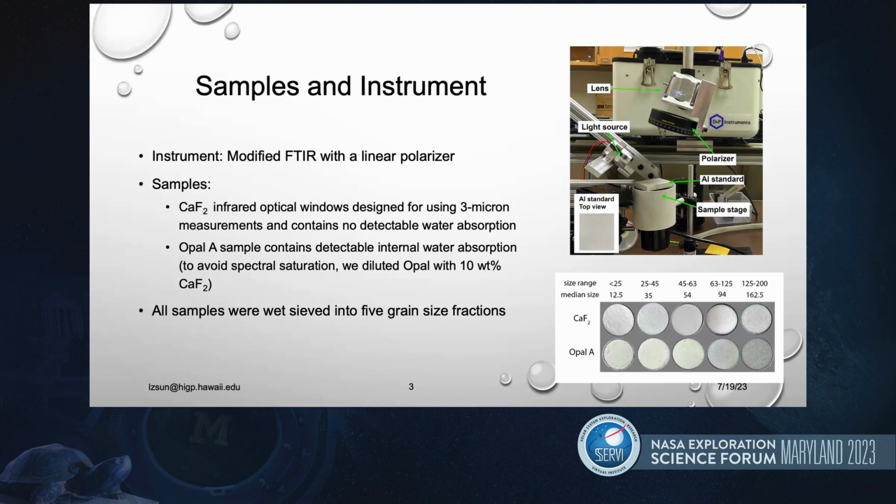The other one is an Opal A sample that contains around 10% internal water. To avoid spectral saturation, we diluted the Opal sample with 10% calcium fluoride. Then we wet sieved all the samples into 5 grain size fractions, and you can see the samples in the lower right figure. Let's go to the next slide.